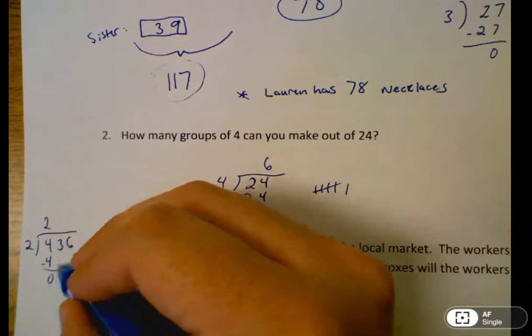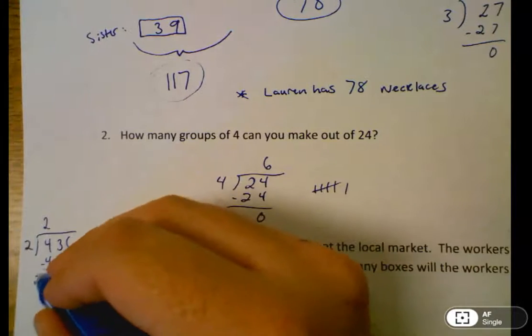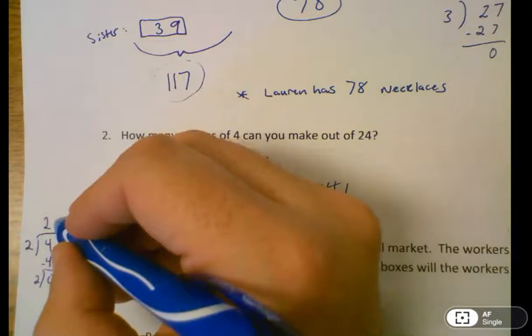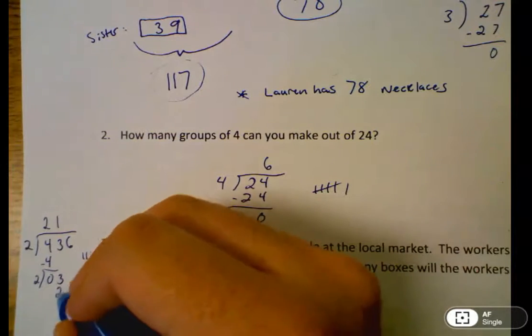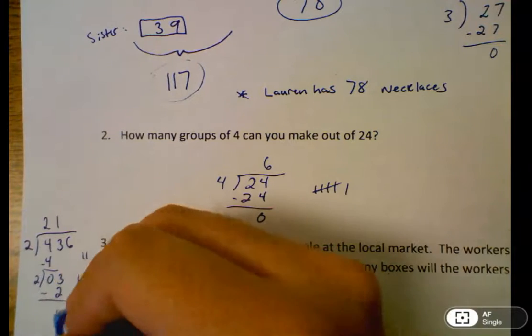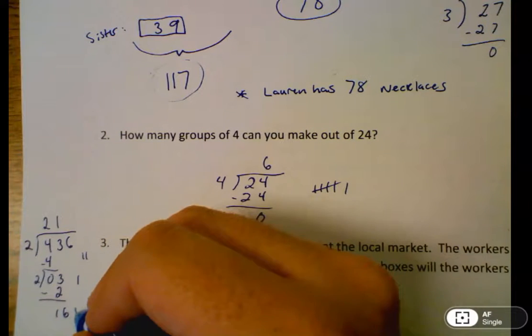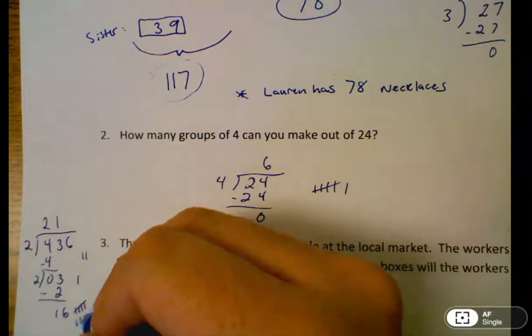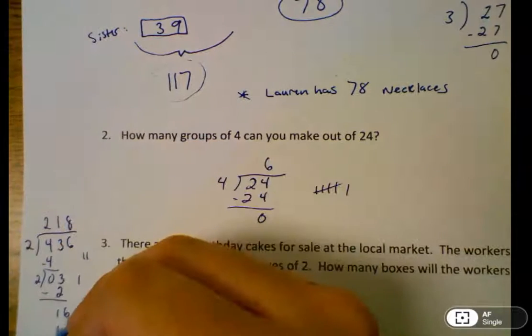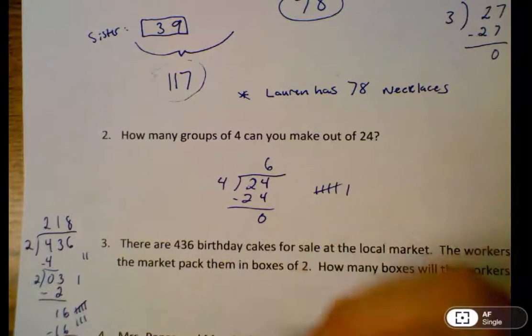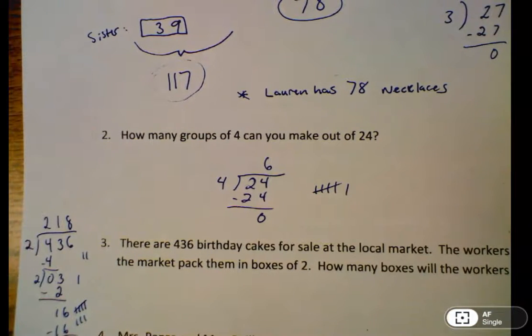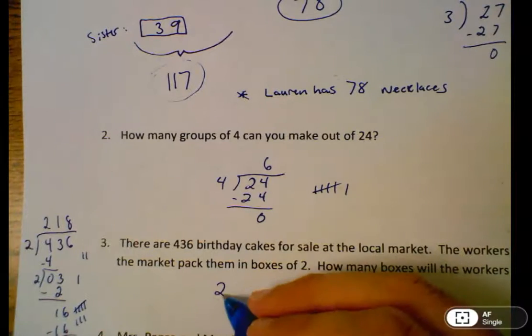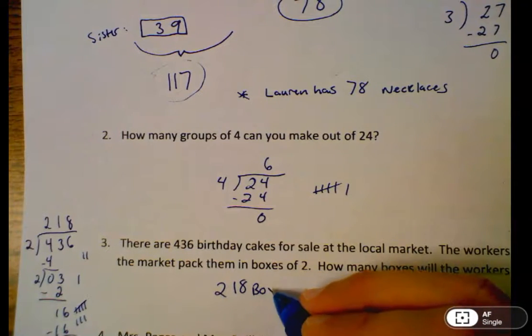Subtract. Bring down the 3. 2 goes into 3 one time. 2 times 1 is 2. Subtract. Bring down the 6, which is 8, because 8 times 2 is 16. That gives me 218. How many boxes they need then? It's 218 boxes.